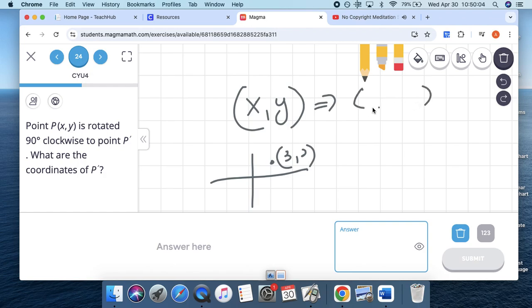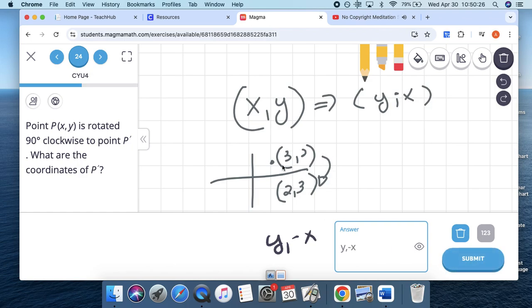First of all, they switch. So now it's going to be 2, 3, and the second number is going to be negative. So it actually becomes y, comma, negative x. It's always nice if you make up some numbers and see what happens after a 90 degree rotation.